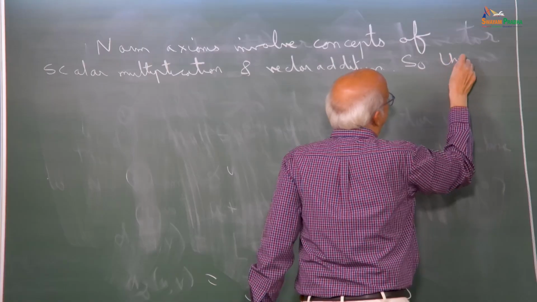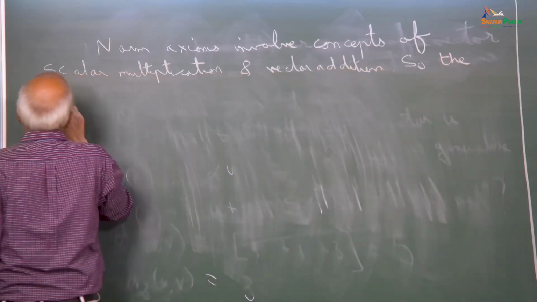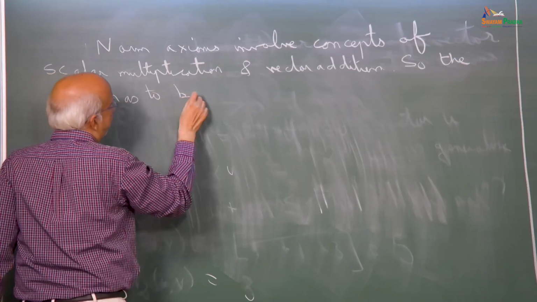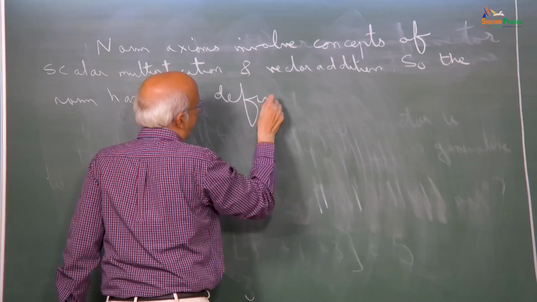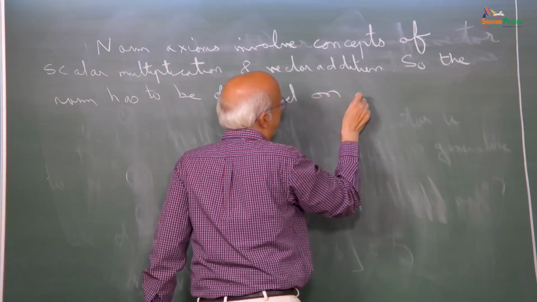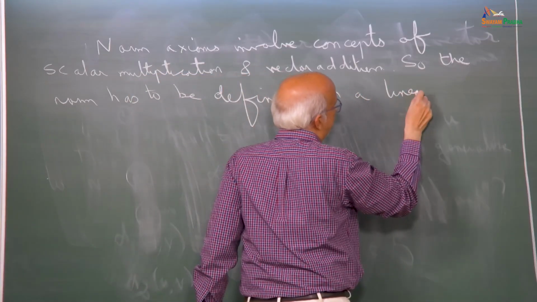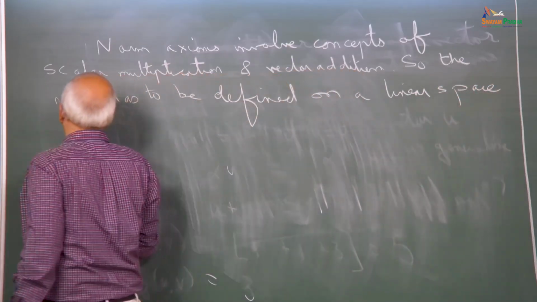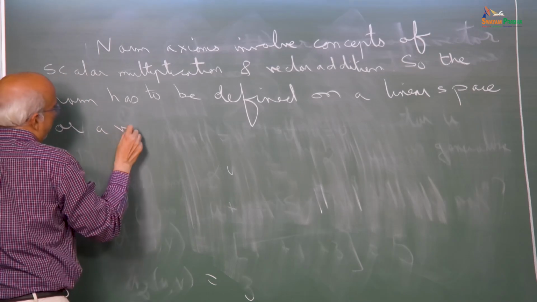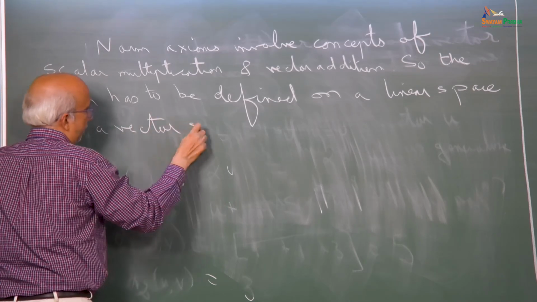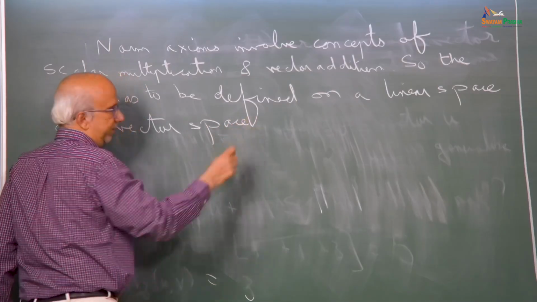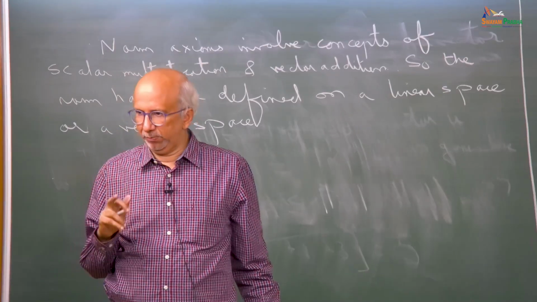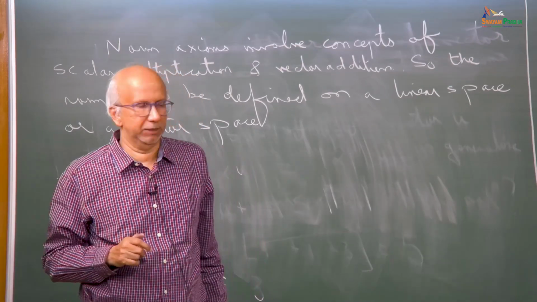So, the norm has to be defined on a linear space, vector space. Okay. Well, the metric does not have to be defined on a linear space.